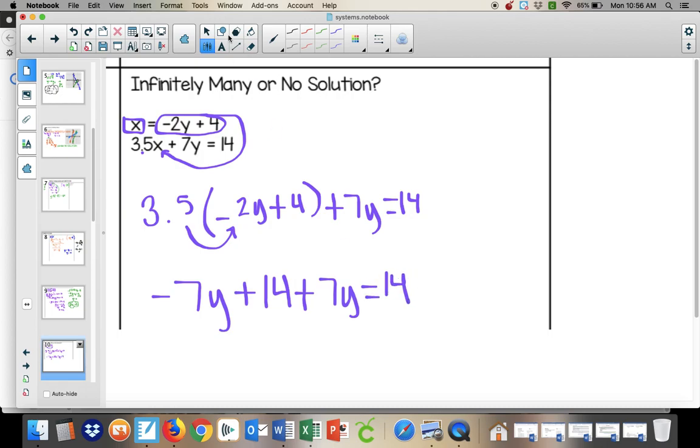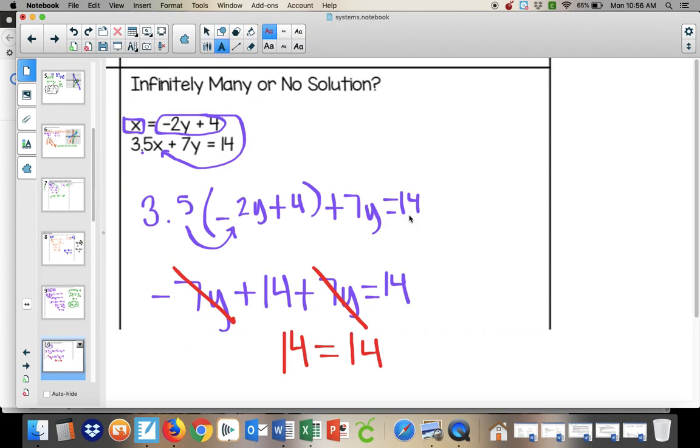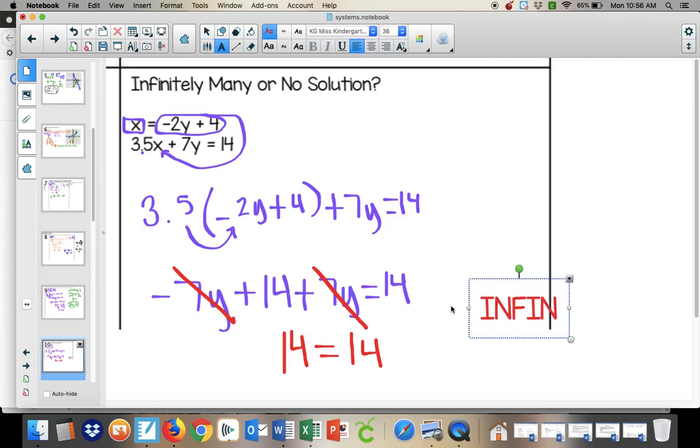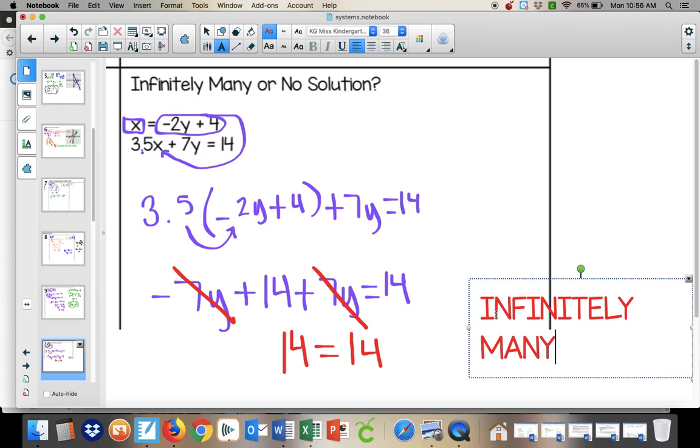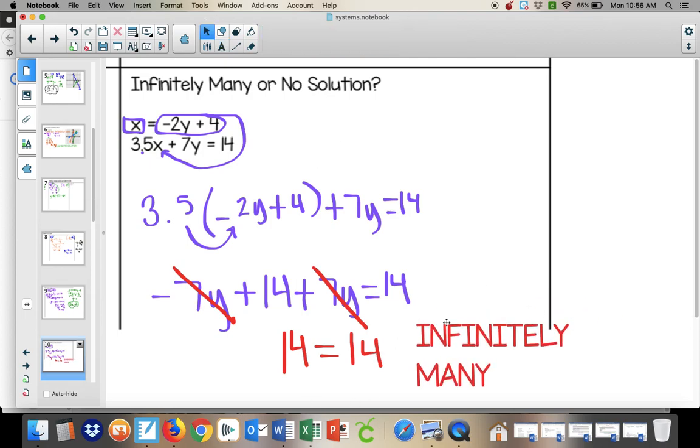Now look what happens. 7y and negative 7y cancel because negative 7 plus 7 is 0. And I'm left with 14 equals 14. Is that a true statement? Yes, it is. So this is infinitely many solutions. When it comes down to where it is a true statement, it is infinitely many, meaning these two are actually the same line.